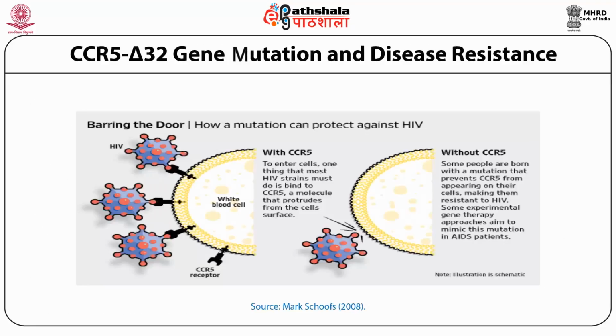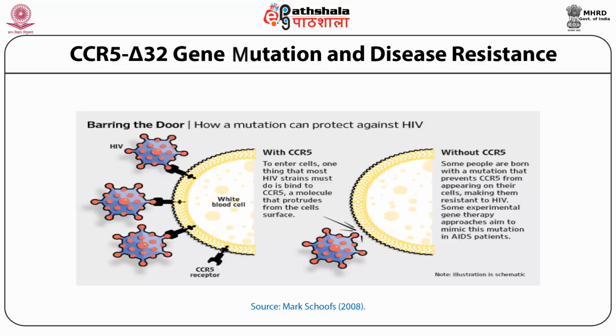Another example which we are going to discuss is the CCR5 Delta 32 gene mutation. On the microevolutionary level, we can see the same thing when looking at the variation of the CCR5 Delta 32 mutation as with Duffy. This mutation causes a deletion that results in the absence of the CCR5 receptor on the cell surface.